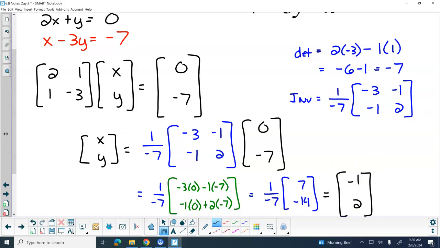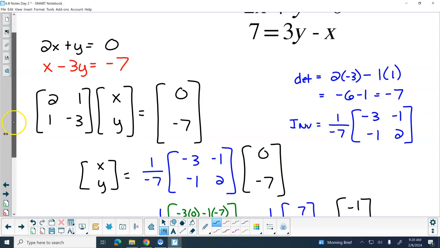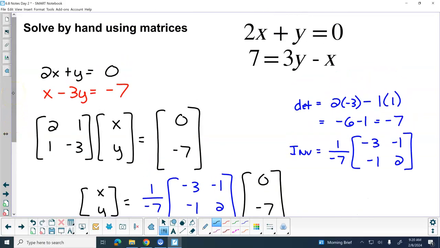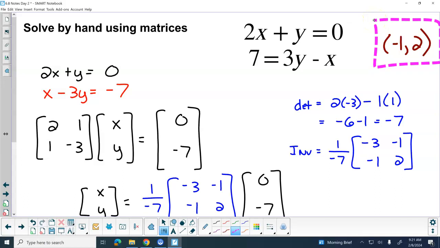So I get negative 1 and 2. Which then, if I put in point form, so then that would be negative 2 plus 2 is 0. That one checks out. This is going to be 3 times 2 is 6, minus negative 1 is 7. 7 is equal to 7. That one checks out. So there it is. Okay?